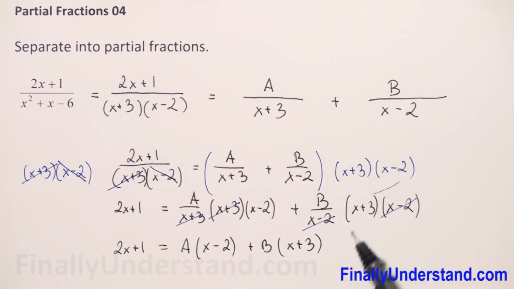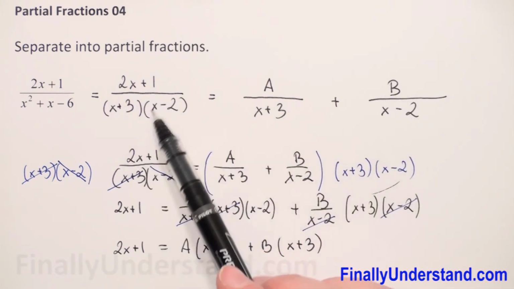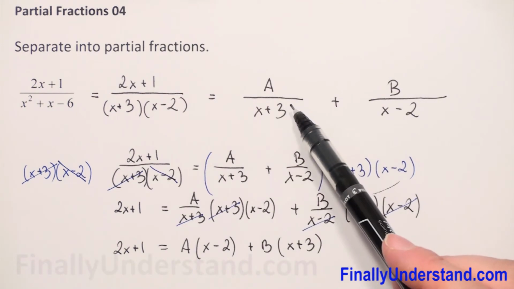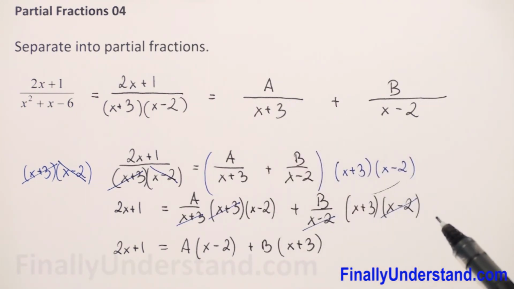Now we have to solve this equation for a and b. A and b are our unknowns. We need to find a and b to write our fraction as a sum of partial fractions. So the easiest way, always when we have linear factors, is to do substitution.